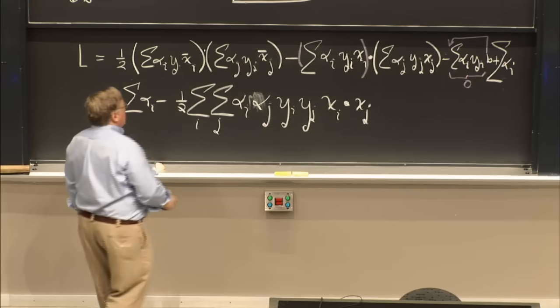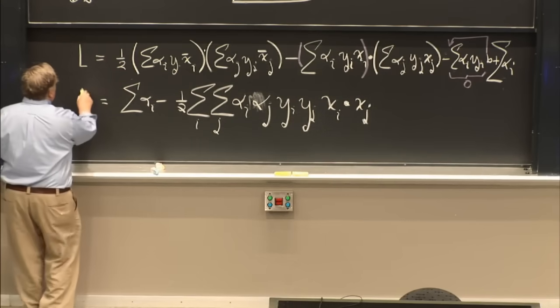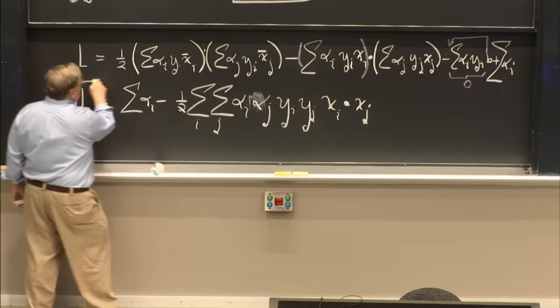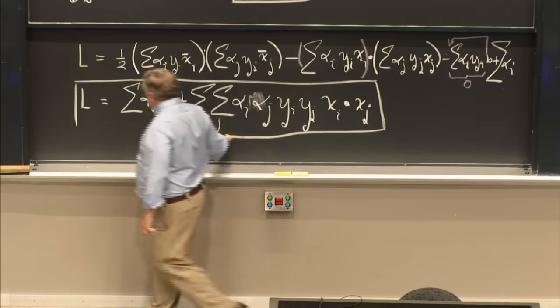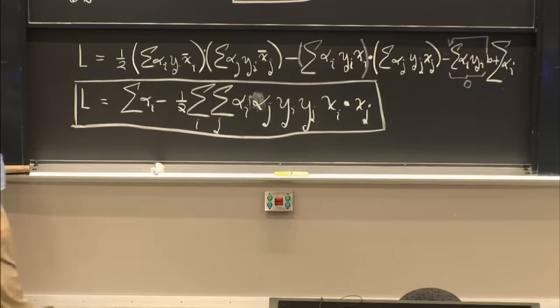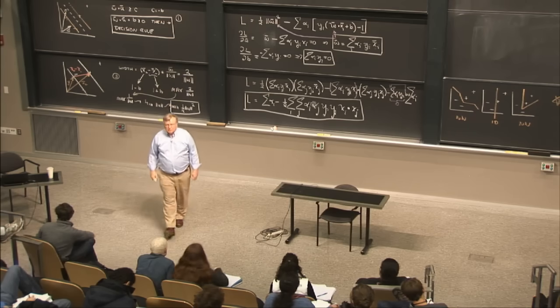We sure went through a lot of trouble to get there, but now we've got it, and we know that what we're trying to do is find a maximum of that expression. And that's the one we're going to hand off to the numerical analyst.